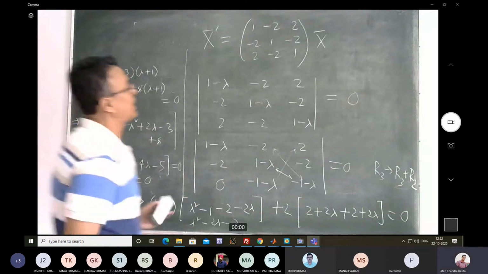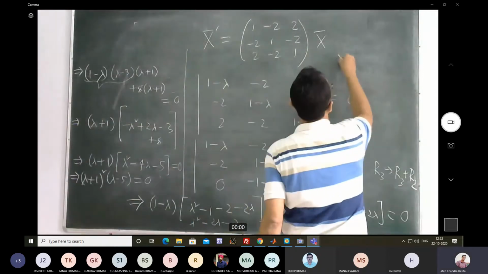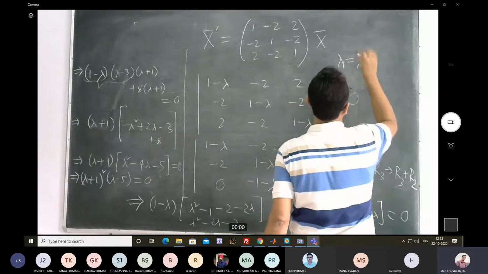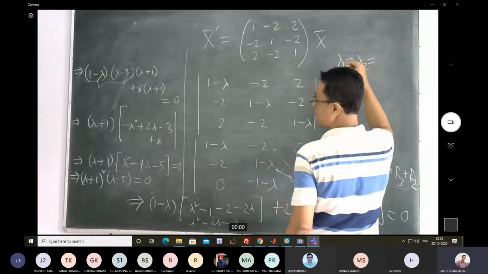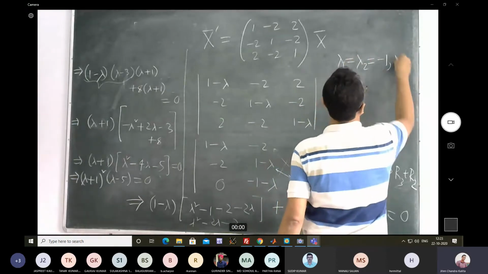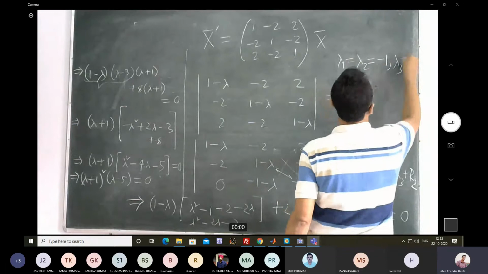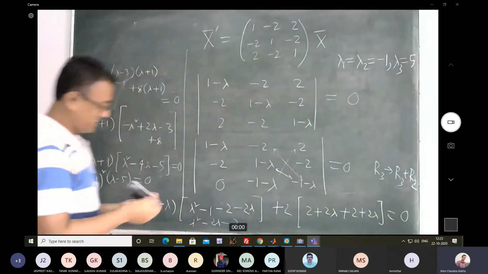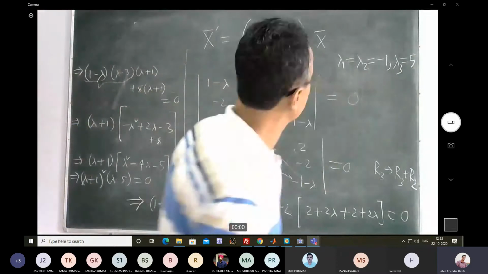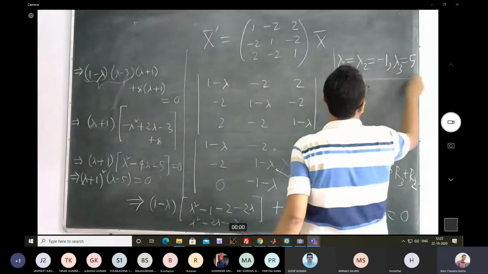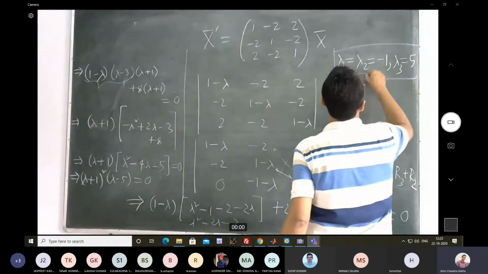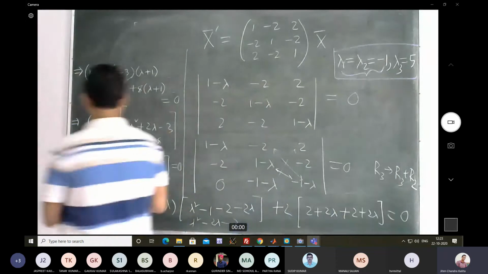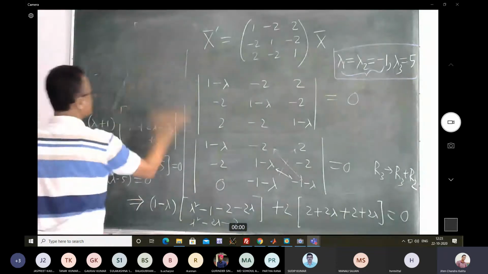So you have one repeated root. Lambda 1 equal to lambda 2 is equal to minus 1, and lambda 3 is equal to 5. Okay? So basically, my aim was to reach this. This one is very important. Okay? Fine. So I'm going to erase this.